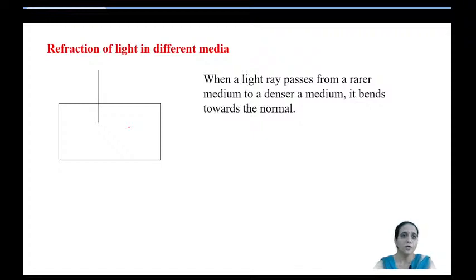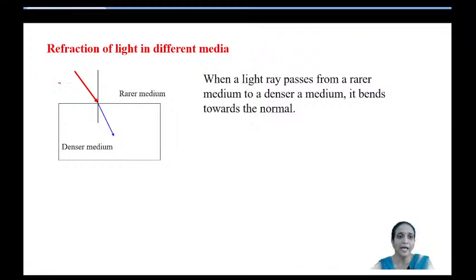Now the refraction of light is different in different media. We'll see how the media affect the refraction of light. When light passes from a rarer medium to a denser medium, it bends towards the normal. You will see over here, this is the glass slab.